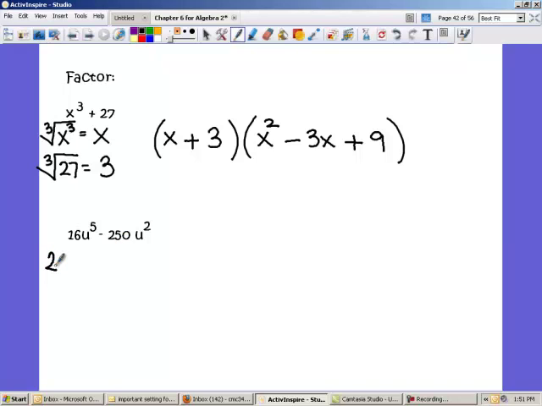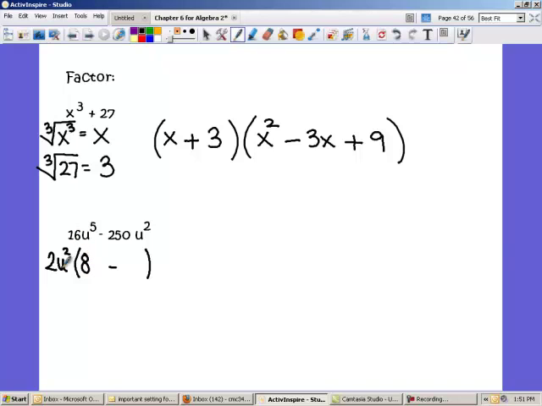And then I also know that each one of these has at least 2 u's. So I'm going to pull out the u squared. And then I'm going to put everything back in the parentheses, what would be left over. So 2 times what would give me 16? 8.